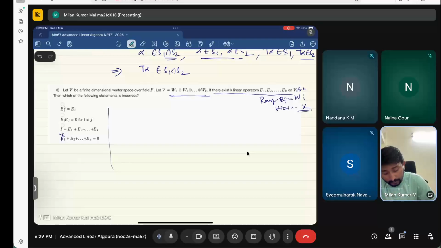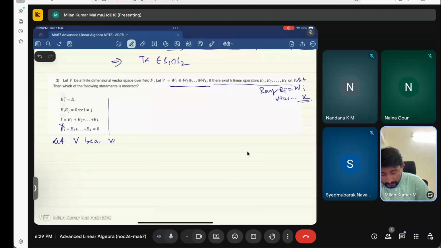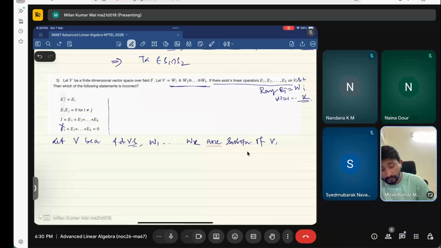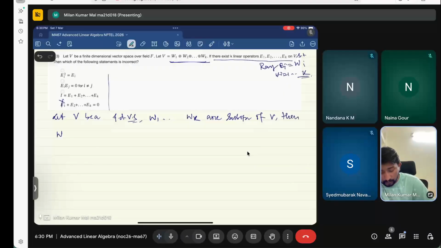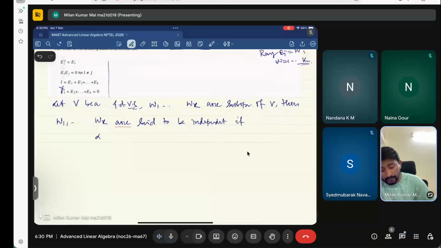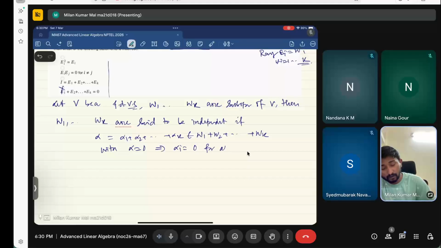So let V be a finite dimensional vector space, and W1 all the way to WK are subspaces of V. Then W1 all the way to WK are said to be independent if for any vector alpha equals alpha 1 plus alpha 2 plus all the way to alpha k, which belongs to W1 plus W2 plus all the way to WK, if alpha equals 0, then we must have each alpha i equals 0 for all i equals 1 to k.